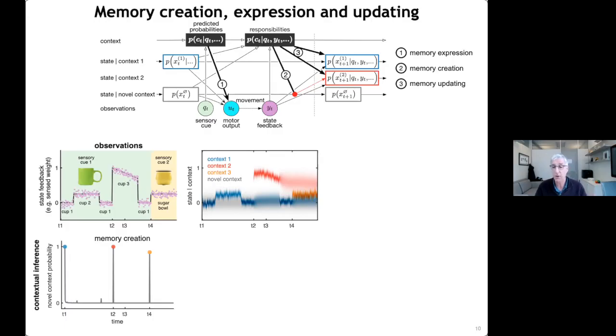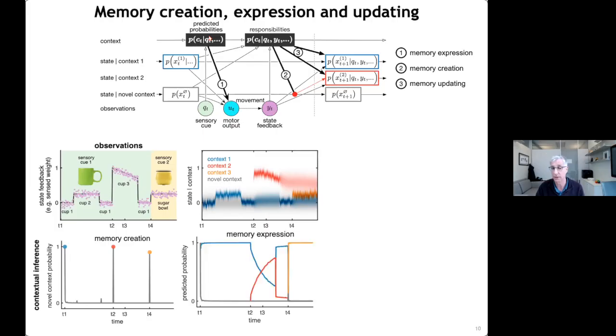So you generate these three contexts, they track the states, and now you have to decide at each point in time what motor output should I generate? As I've told you, you should weight all your memories by your belief that they're appropriate before you move, the predicted probabilities. What I'm showing you here is those predicted probabilities. You start off only expressing the blue context, but as you generate a new memory, you start to express the red context more and the blue context less, and so on.